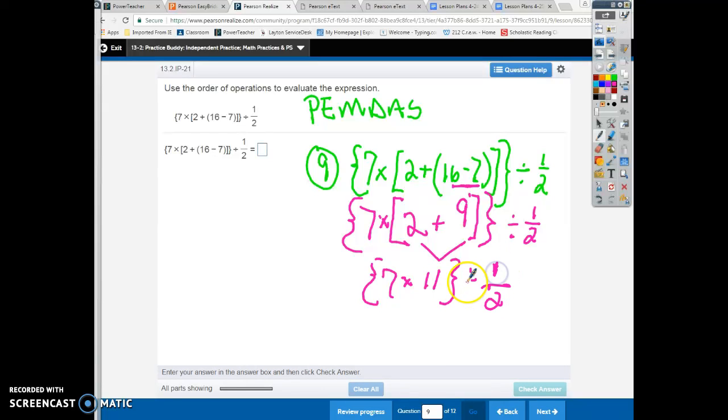Oh, this pen's really not very good. Apologize for that. So, as we kind of continue to work through this problem, we want to work through and try and decide, all right, if I have 9 plus 2 is 11, now I need to do 7 times 11, which is 77.